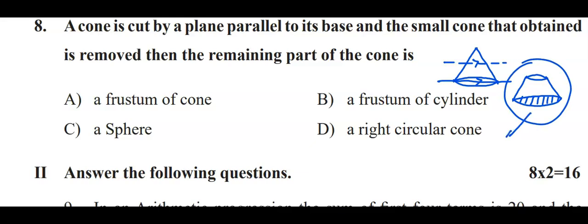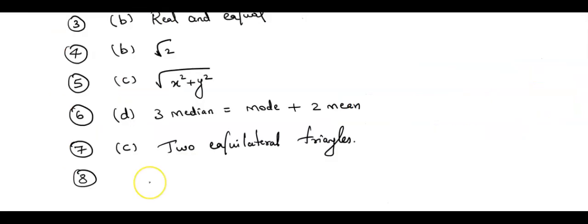So what we call this part as, that is a frustum of a cone, is the correct answer. Is this clear? Good. So the correct answer to question number 8 is option A, a frustum of cone.